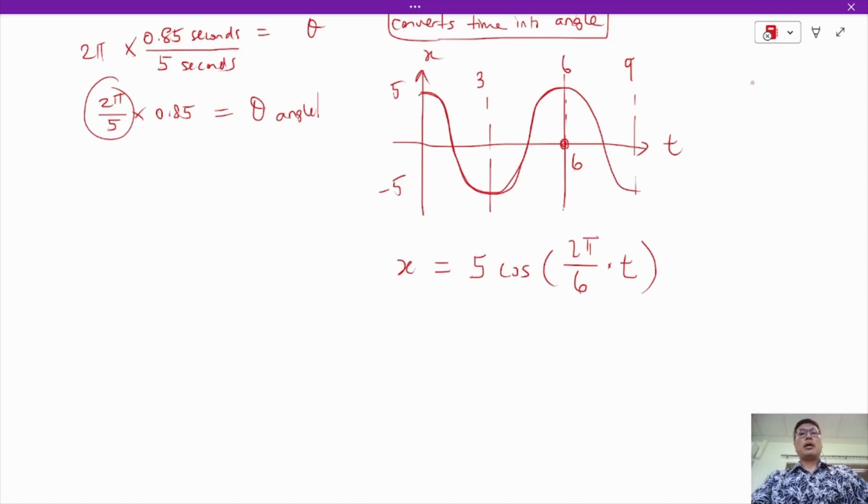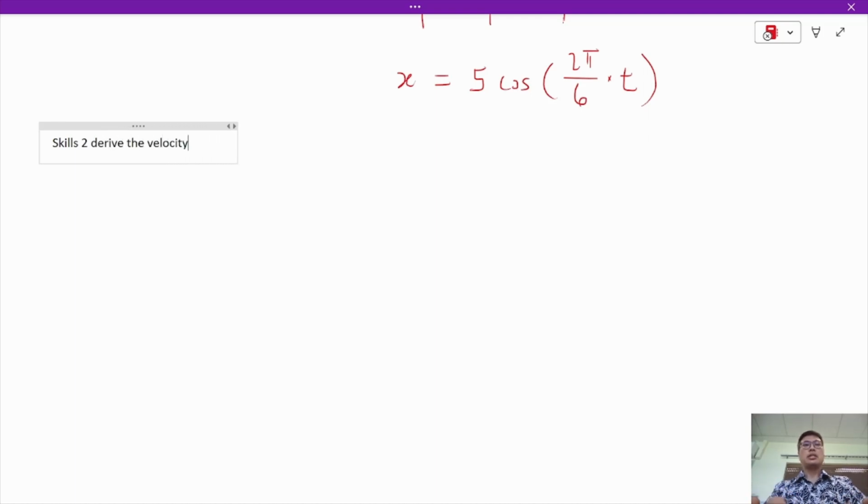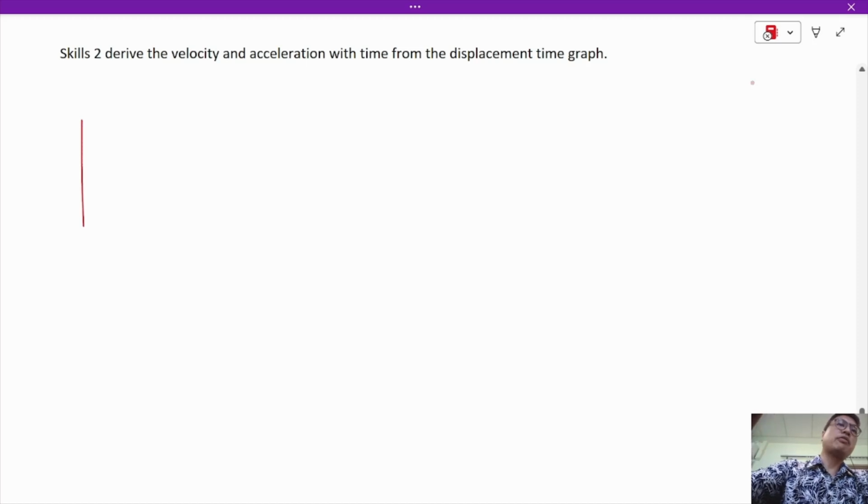All right, now let's begin on the next part of our simple harmonic motion or oscillation. Skill number 2 is to derive the velocity and acceleration with time from the displacement graph. Let's take a look at our simple displacement-time graph over here.